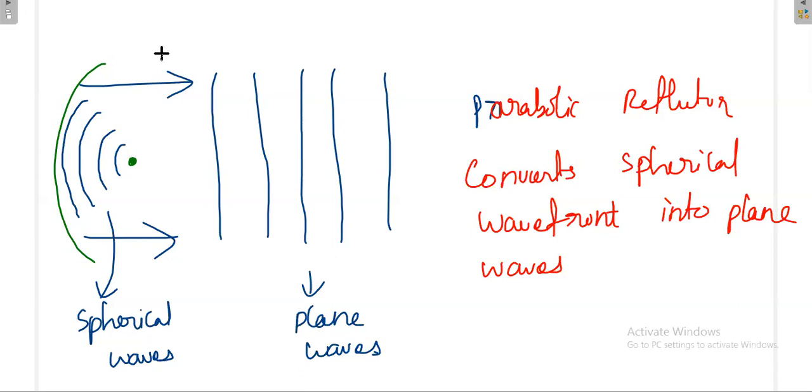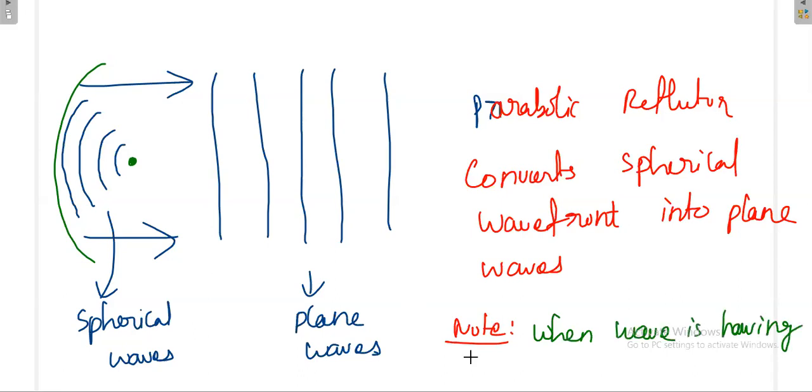Please make one note. Whenever a wave has a spherical nature, the power of the wave decreases very quickly.